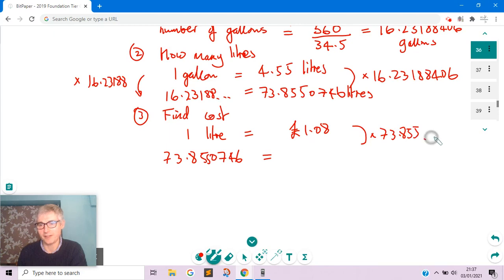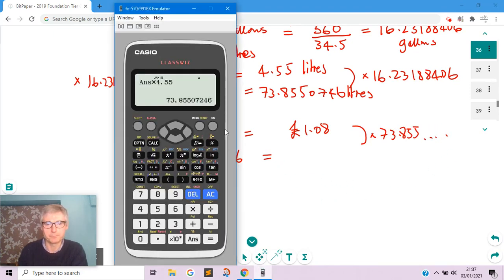So there's the figure on my calculator, and I'm just going to times that by 1.08, and that's my cost.